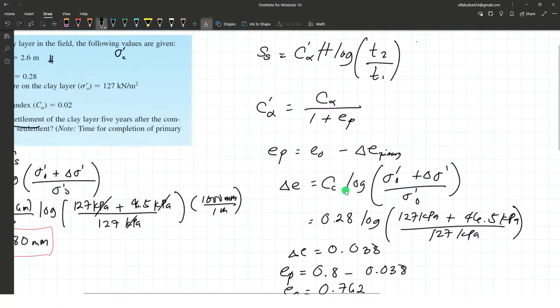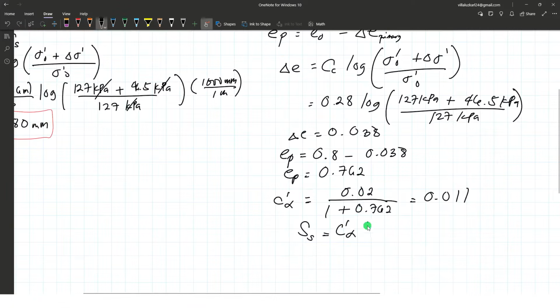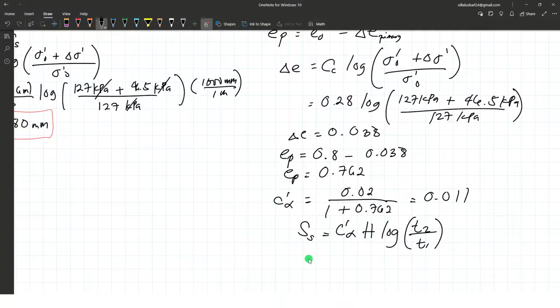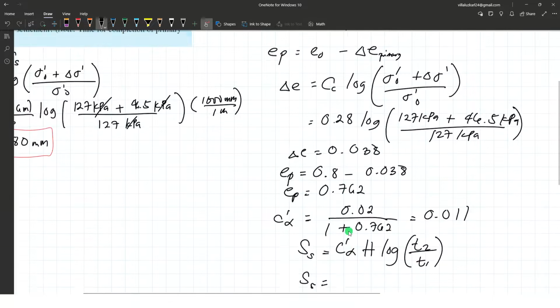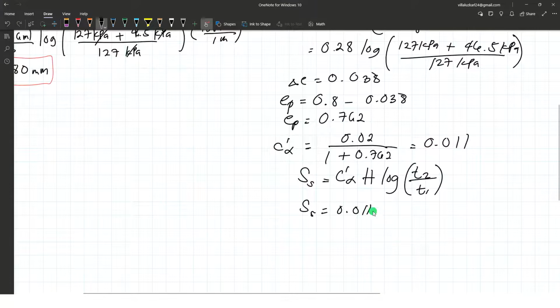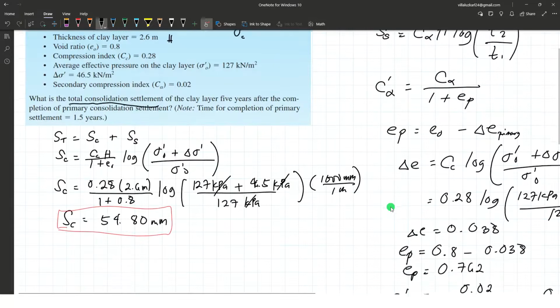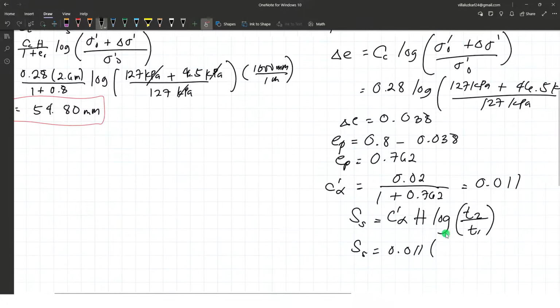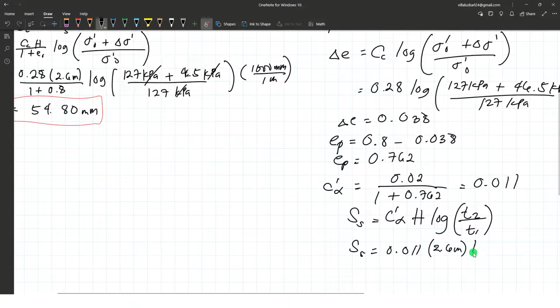Now for the secondary settlement, we can now substitute all the values. Going back, C prime alpha H logarithm of T2 over T1. So for the secondary settlement, substituting all the given values here, C prime alpha computed 0.011 multiplied by the thickness of the clay layer, that's 2.6 meters, logarithm of T2 over T1.